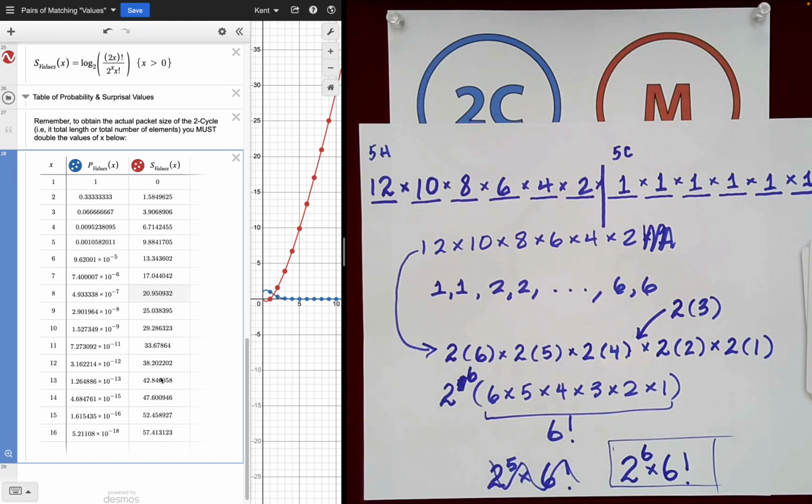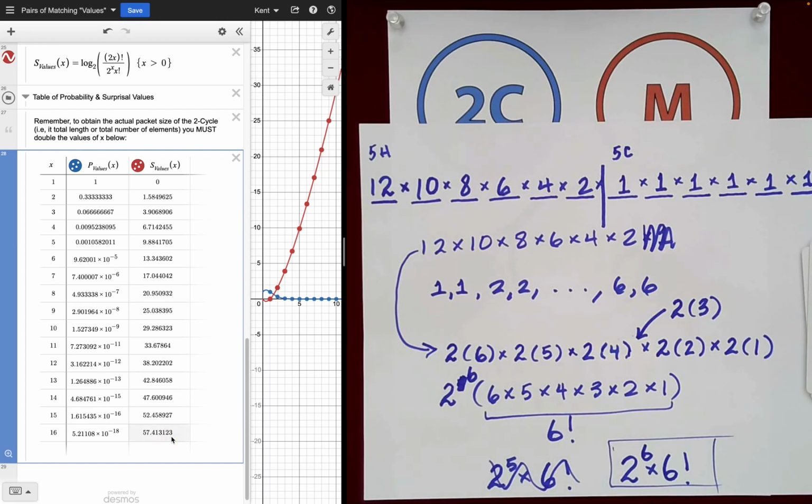I've mentioned before that most state lotteries have surprisal values between like 20 and 25 bits, and that's based on the probability of being able to win those lotteries. So this 57 bits would be like winning a high-stakes lottery twice. Twice. And I think I've read in the news that has happened, but boy, is that unlikely.